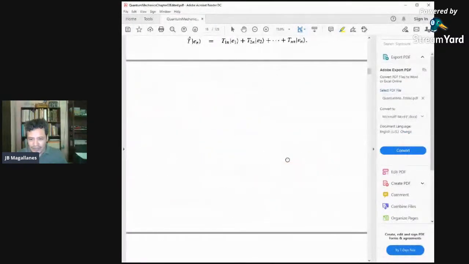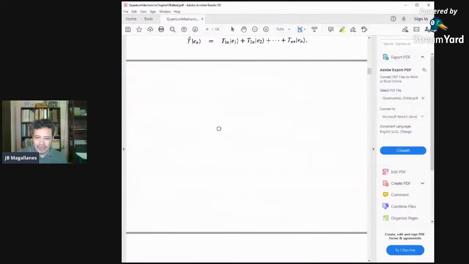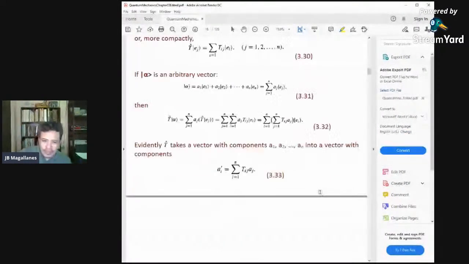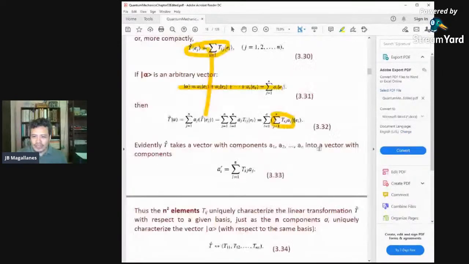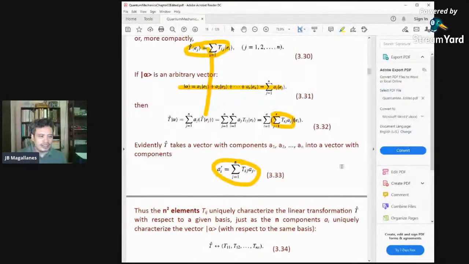Instead of transforming the basis vectors e1 until en, you have transformed the components. And so the transformation has transformed the components also into this, to that.